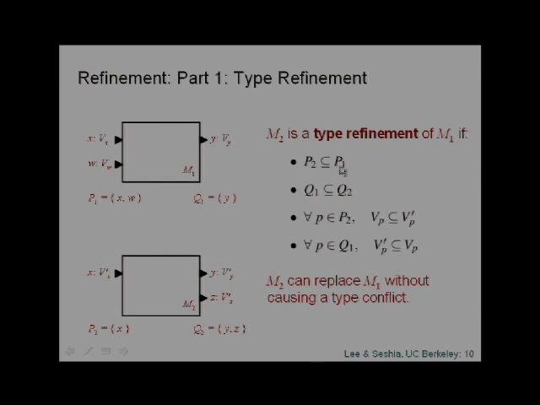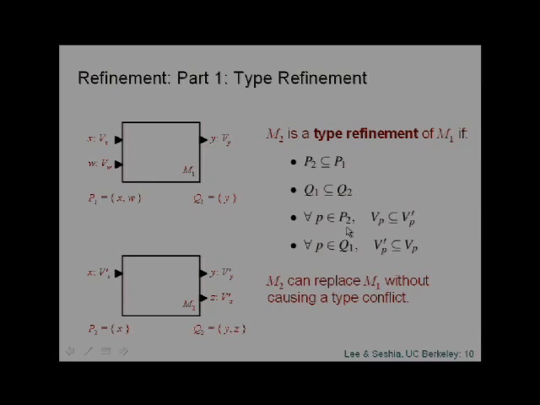Additionally, here we have relations between types. So what this is saying is, for every input port of M2, the set of values that input can take have to be a superset of the values that the corresponding port of M1 could take.